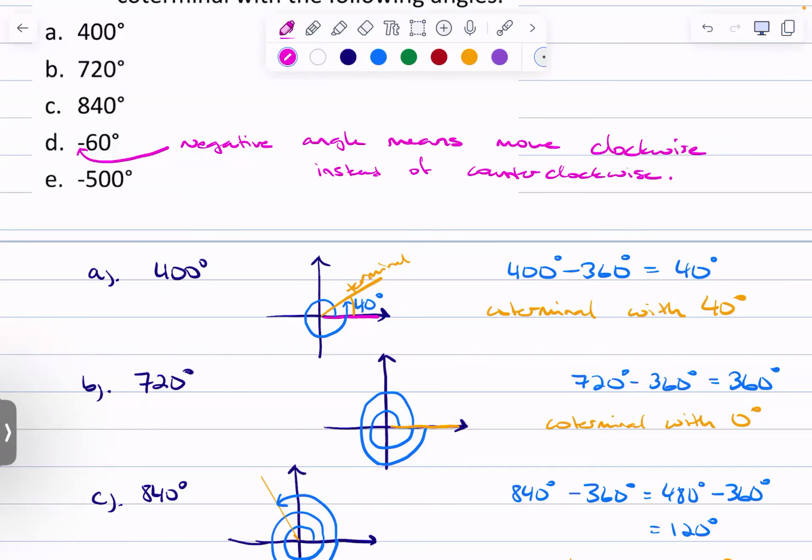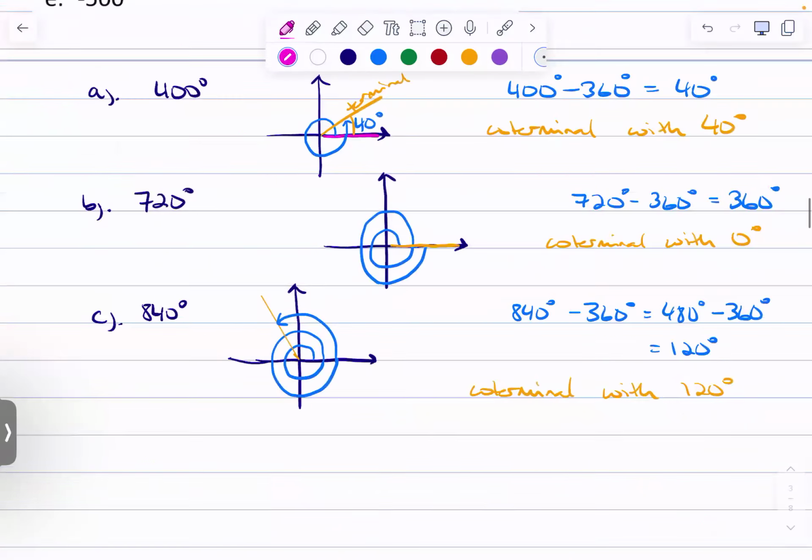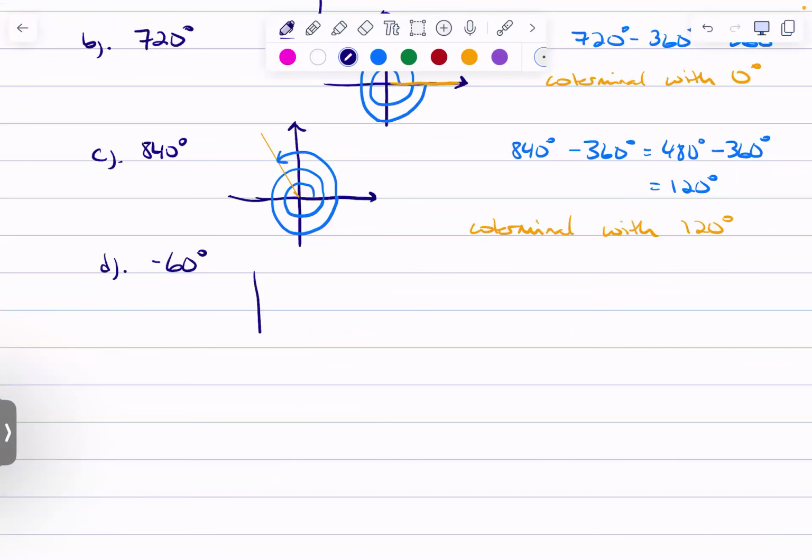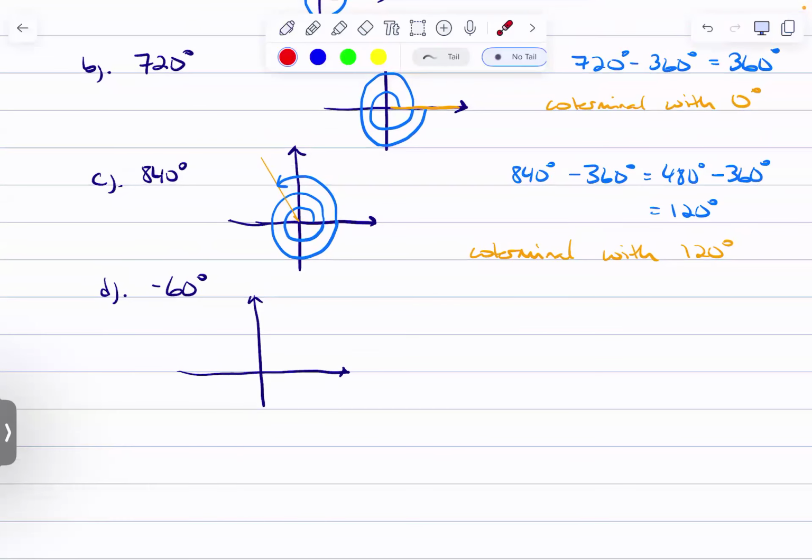So negative 60 degrees would look something like what? I want to go down from the initial side 60 degrees, right? Which is going to be within the 90 degrees. So somewhere kind of between the initial side and this negative y-axis. And so if I go here, let's put it somewhere like this.